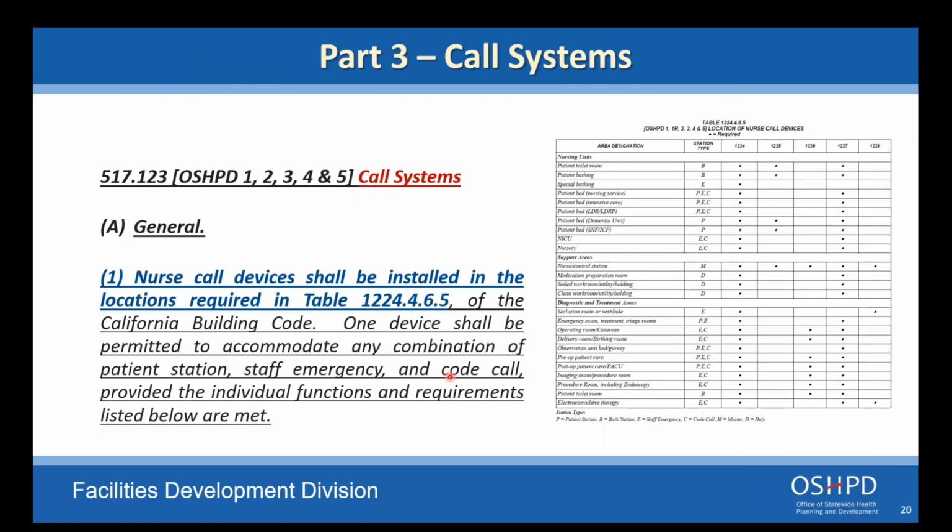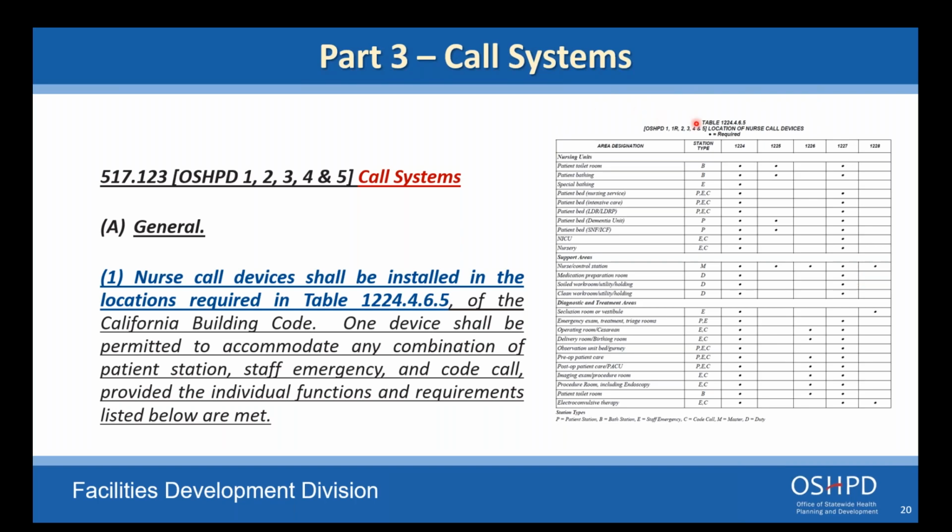We have changes to nurse call in Article 517.123. It's been restructured. The requirements are basically the same as before. The table in the building code has been updated and changed, so you need to review that. If you've been doing nurse call projects in the past, please review this new table.